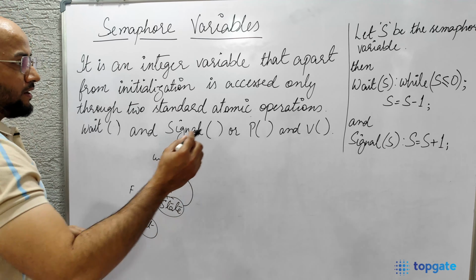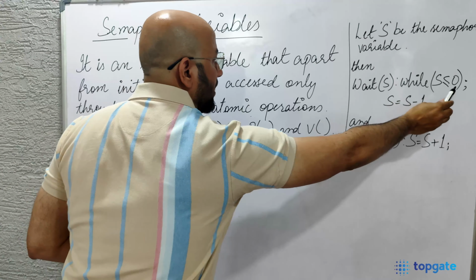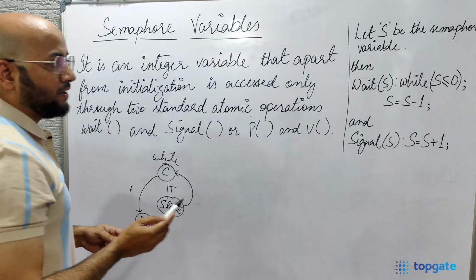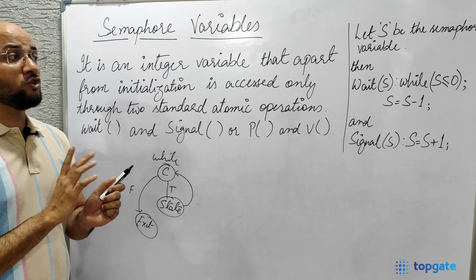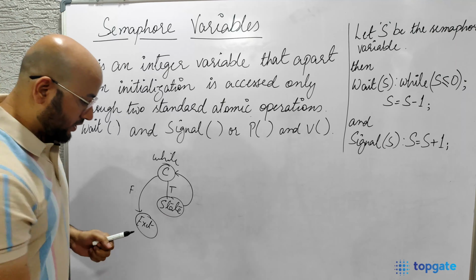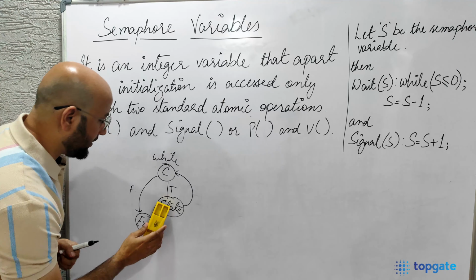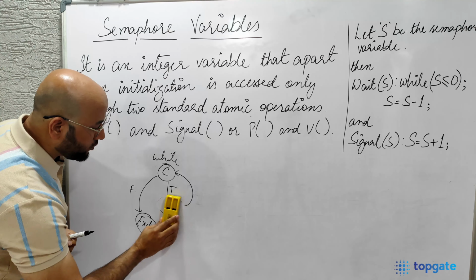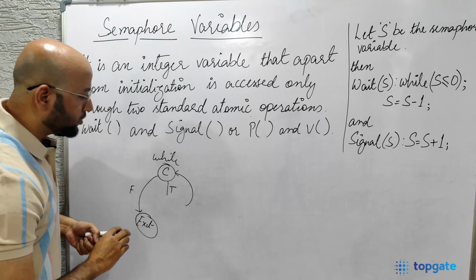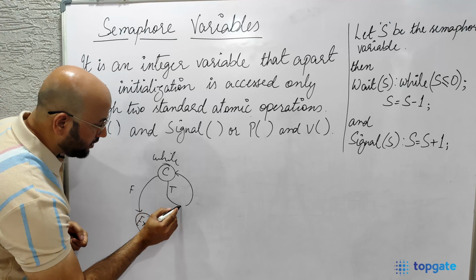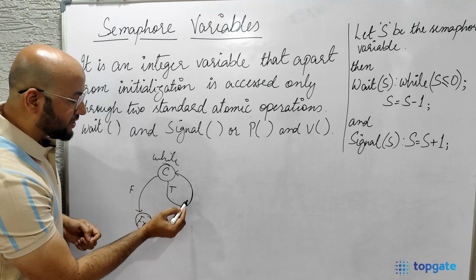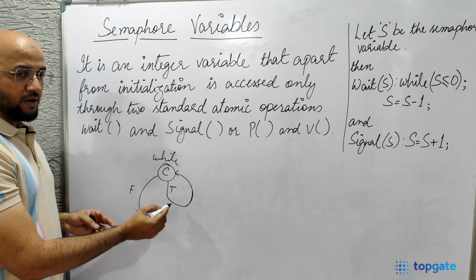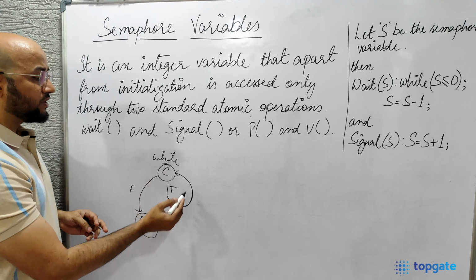Now here, in this while loop, I have put a semicolon. What does that mean? I have given the condition, but there is no statement to be executed. So it works like this: we check the condition, if it is true we check the condition again, and again, and so on.